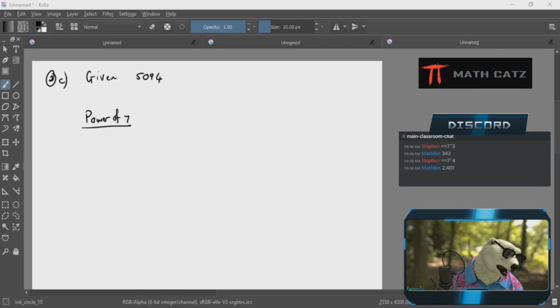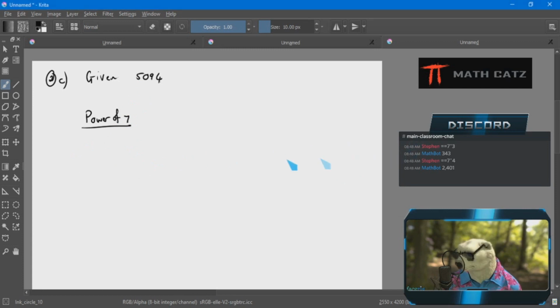But obviously, if I have another times 7, then I'm going to go into the 16,000s, and that's too big. So my highest power of 7 is going to be 7 to the 4, which is 2401. I didn't know that.